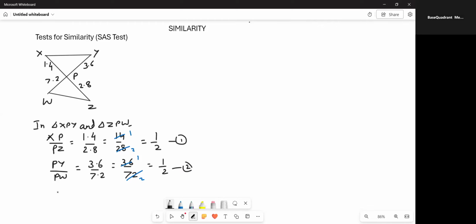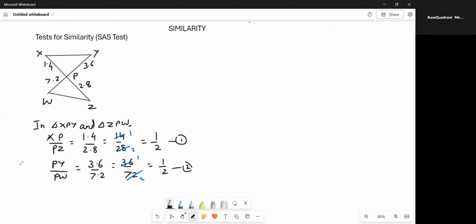So what do we get from 1 and 2? The ratio of two smaller sides of the two triangles, XP upon PZ, is 1 upon 2. And the ratio of the two bigger sides of the two triangles, PY upon PW, is also 1 upon 2.